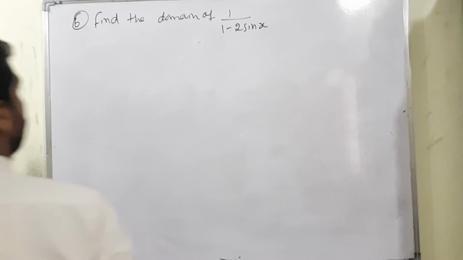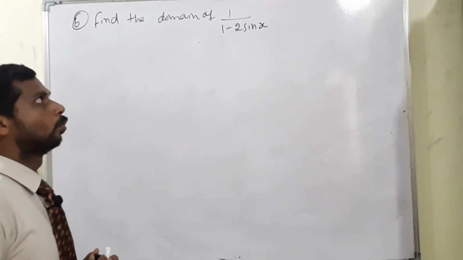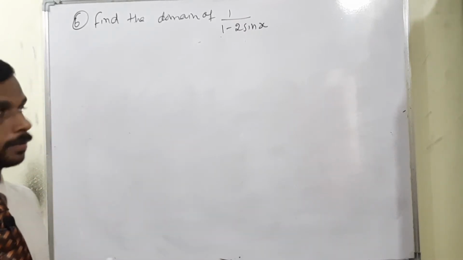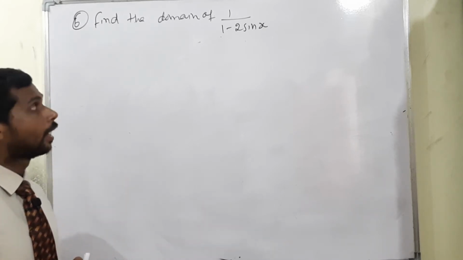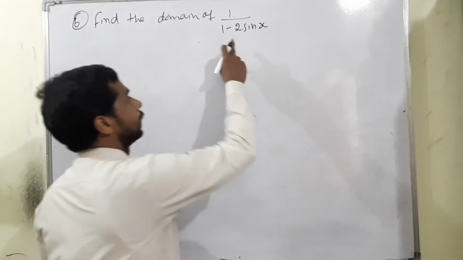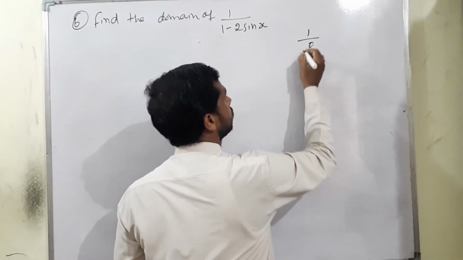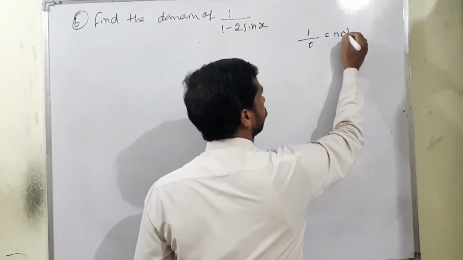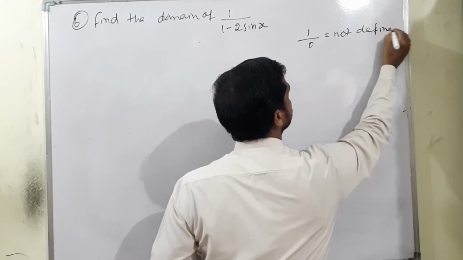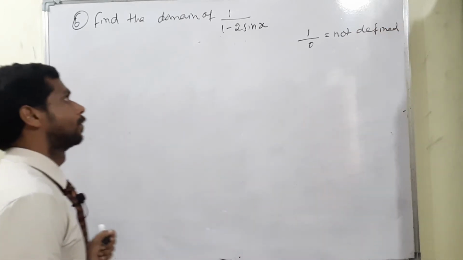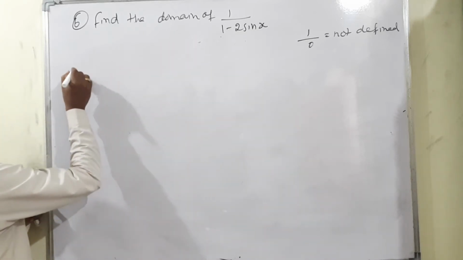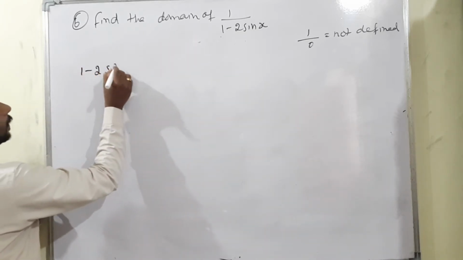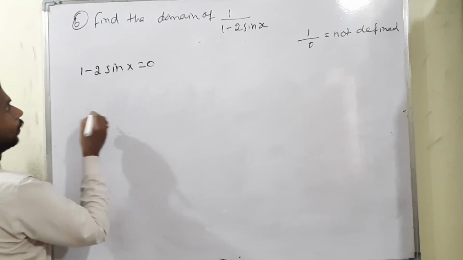Question number 6. Find the domain of 1 by 1 minus 2 sin x. So all the real values we can say are the domain except those where the denominator is 0. Why except 0? For example, 1 divided by 0 is not defined. Therefore, the denominator 1 minus 2 sin x is equal to 0.